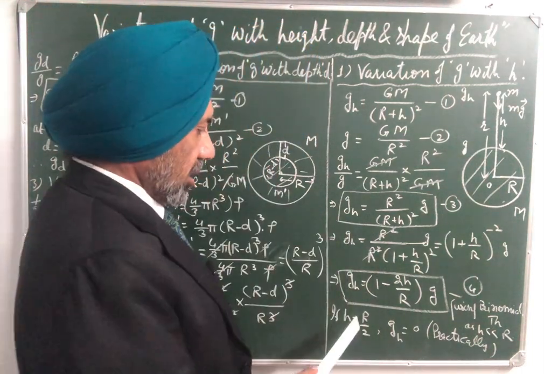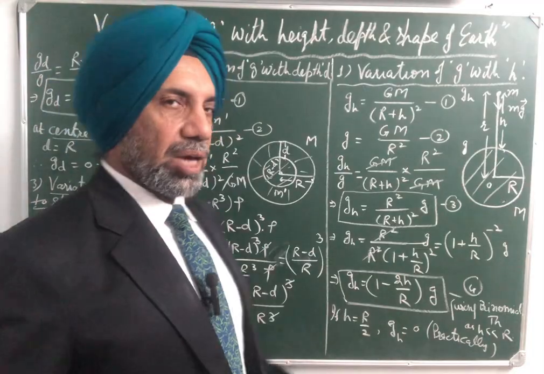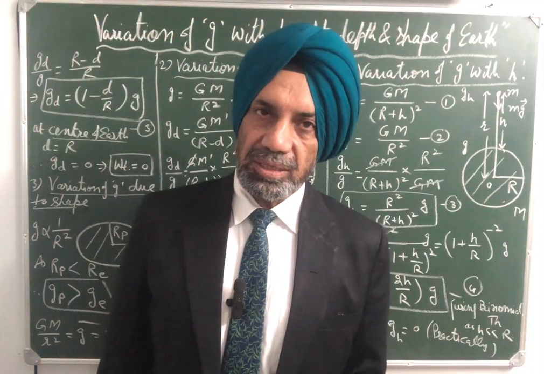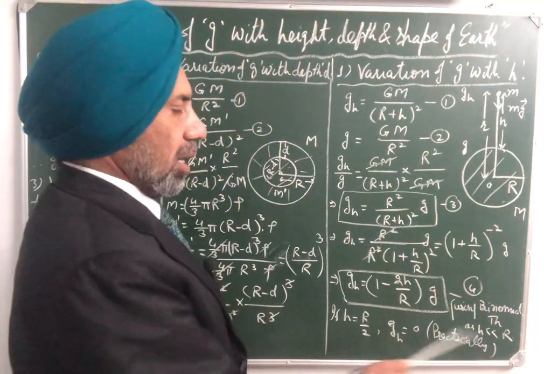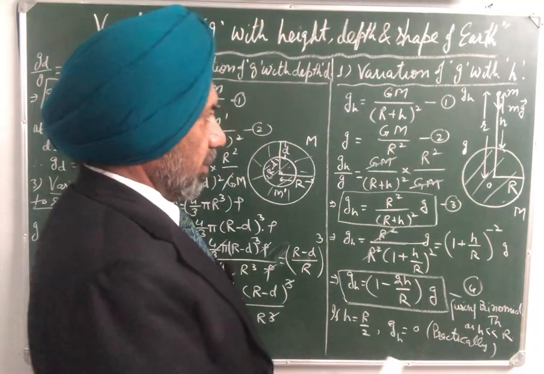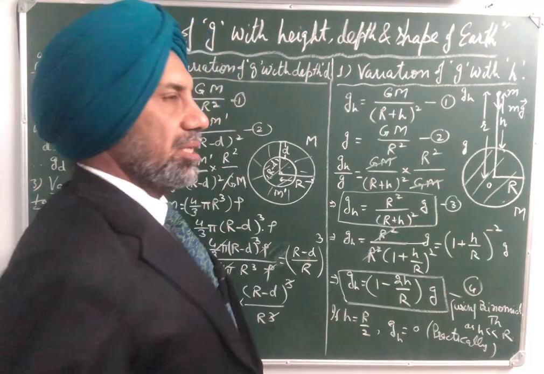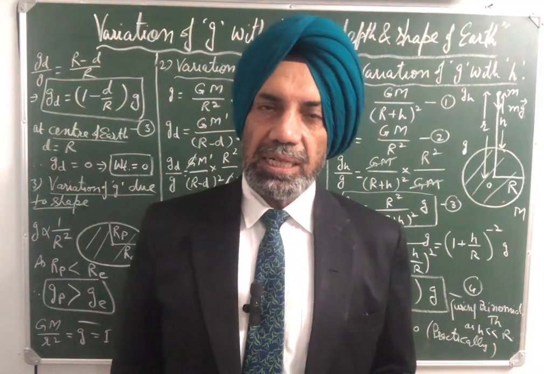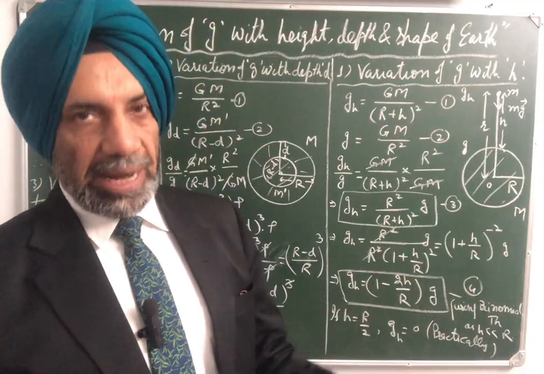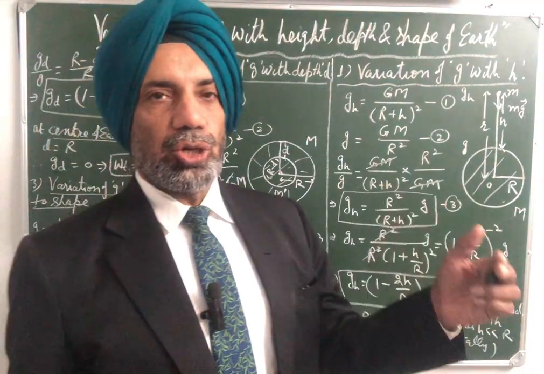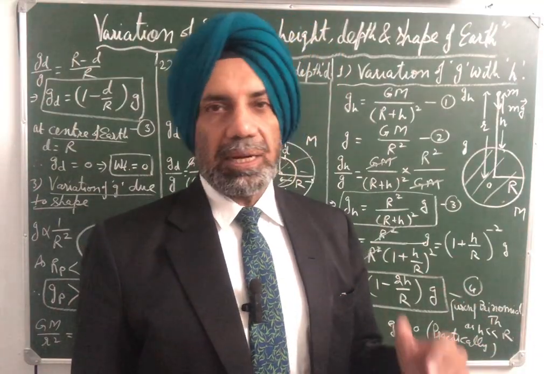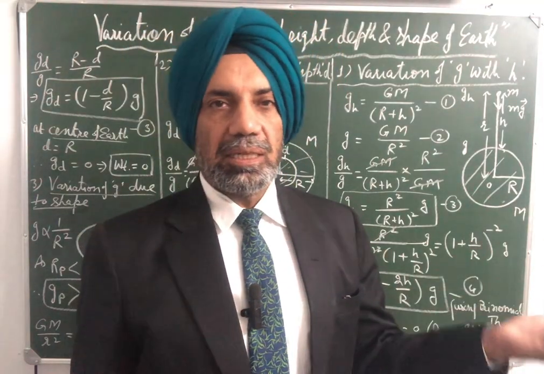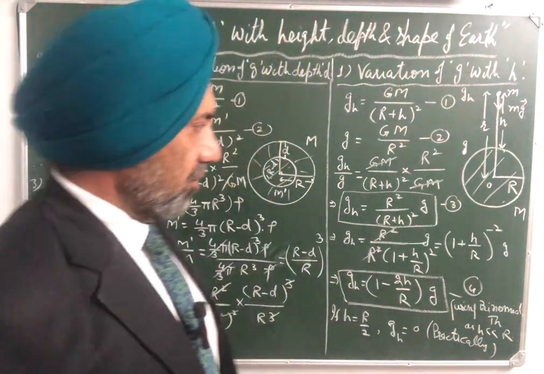So acceleration due to gravity decreases with the increase of height and becomes 0 practically at h equal to R by 2, but theoretically it is 0 at infinity from the surface of earth.